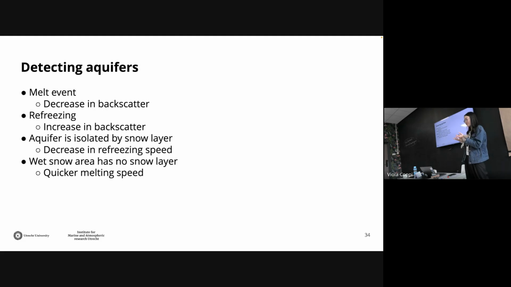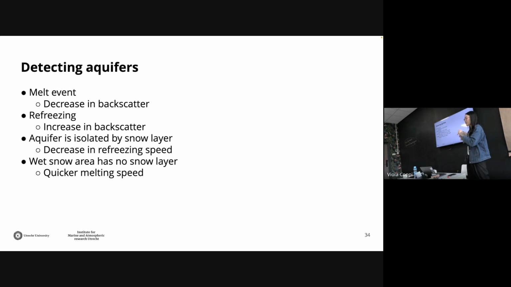So it will stop the snow from refreezing again. So if you have aquifers, the rise of this backscatter will be quite slow, because the heat released from these aquifers stops the snow from going back to ice or going dry again.